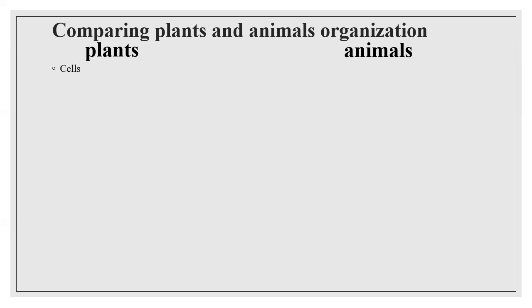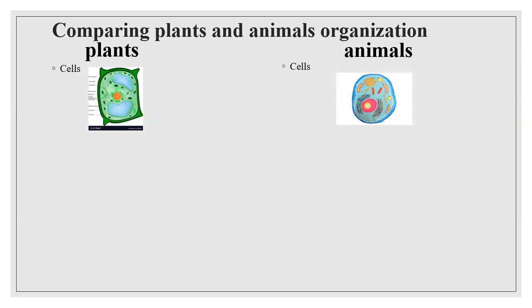Starting from the simplest level, that is the cell, the plant cell is something like this, having a cell wall, a large vacuole, and a nucleus. It appears green because it has a lot of chloroplasts. On the other side, we have the animal cell. It looks like this, with no cell wall, small vacuoles, and a nucleus.